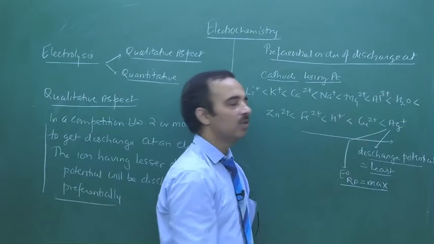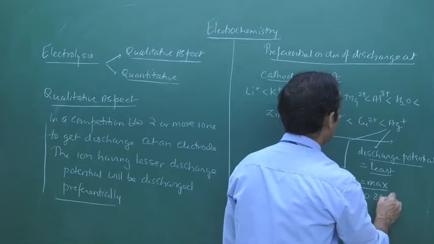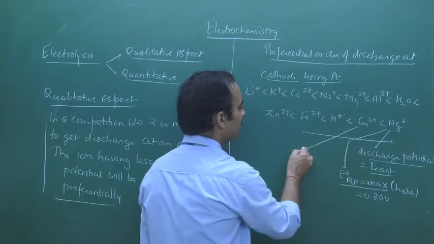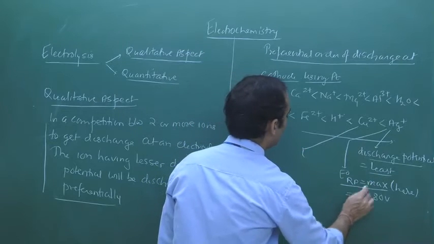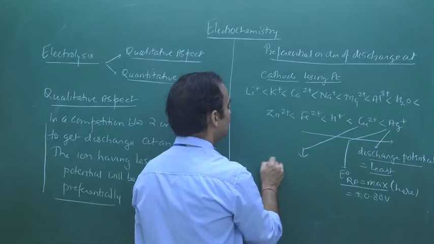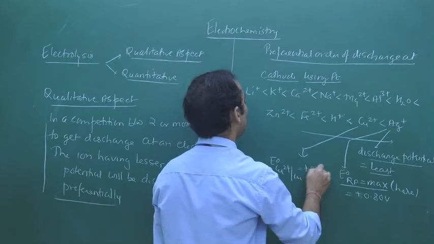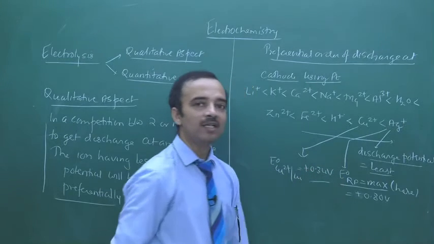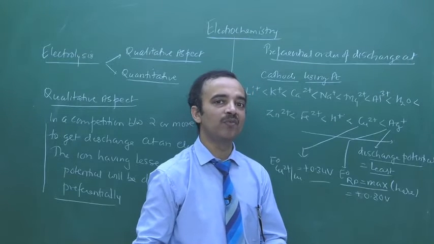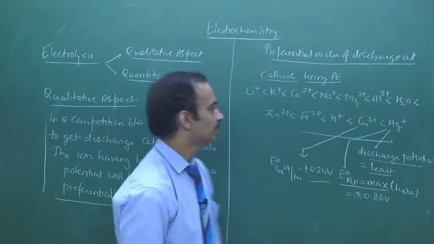Among these ions, its E0 RP is 0.80. Now, say for example, E0 RP of Cu2+ is plus 0.34 volt. Is it clear? The one having more E0 RP is supposed to get reduced in preference to others if concentrations are 1 M.